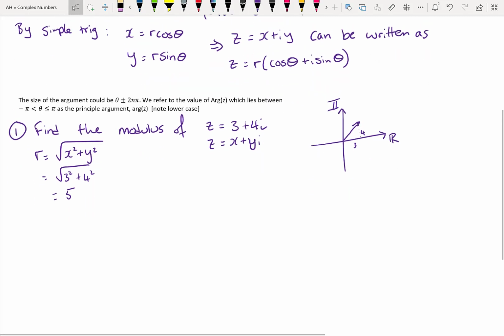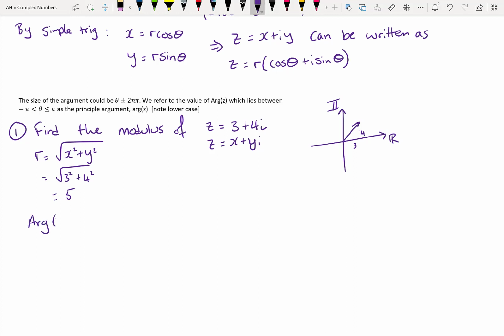What we also need to find is the argument. So we're going to find arg z, that's how we're going to shorten this, and that, my angle, was equal to the inverse tan of y over x.